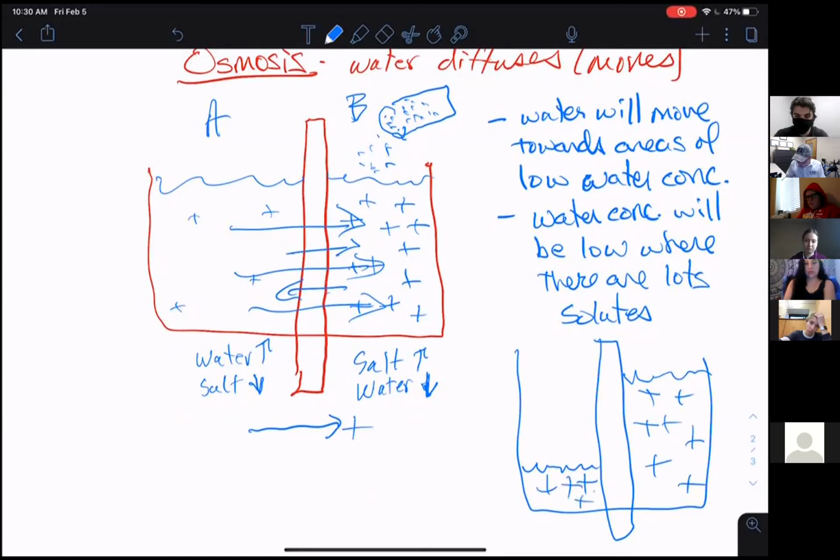Okay, the water has moved over. So that's osmosis. Again, if you put lots of salt or something that dissolves in water, water's going to move towards that direction. We're going to watch a little video here to try and clarify that a little bit, and then we'll talk some more afterwards.